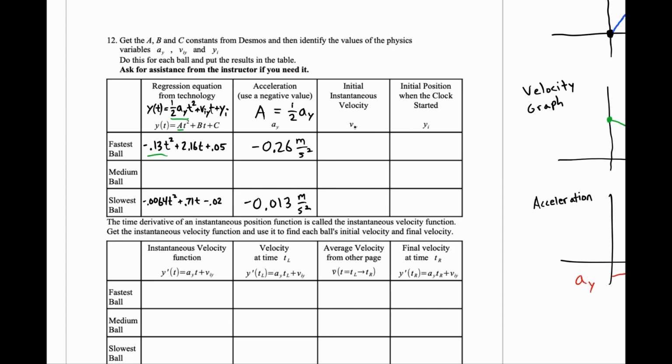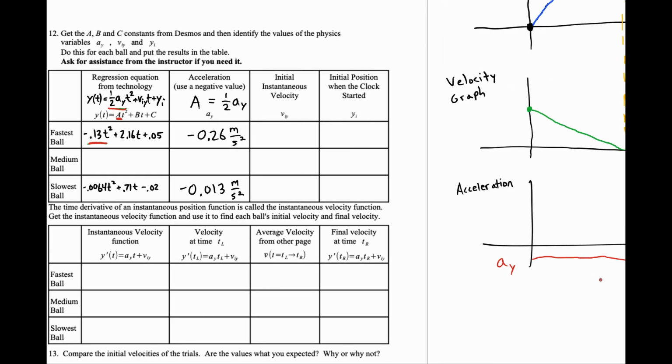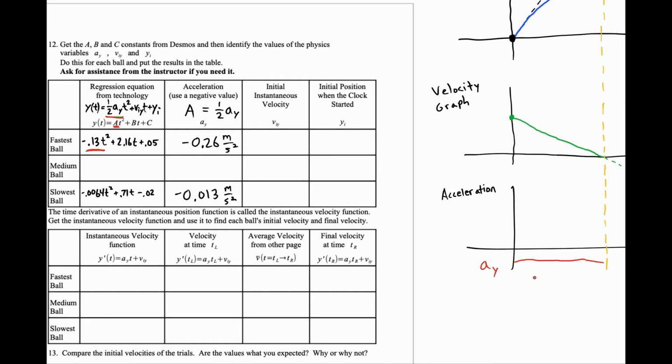Now you want to interpret what the initial instantaneous velocity is from your quadratic as well. So this one's the acceleration, which corresponds to the red graph over here. Alright, so that's just a negative 0.26 for that one trial.